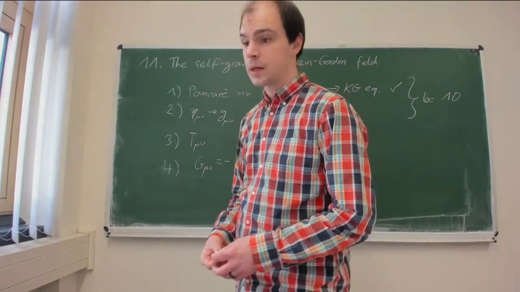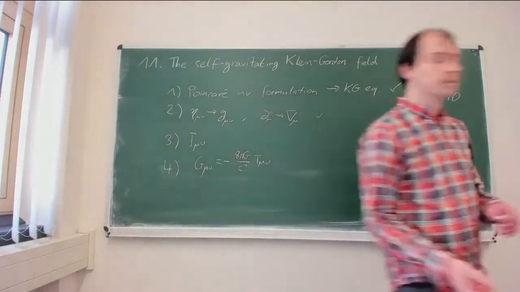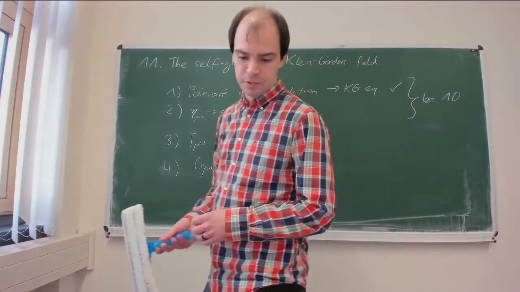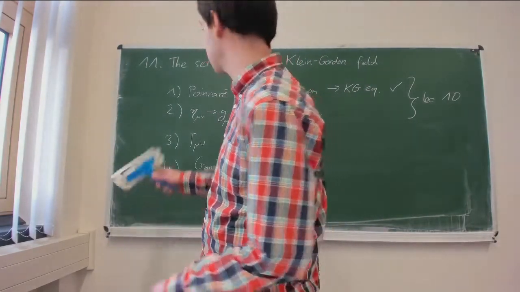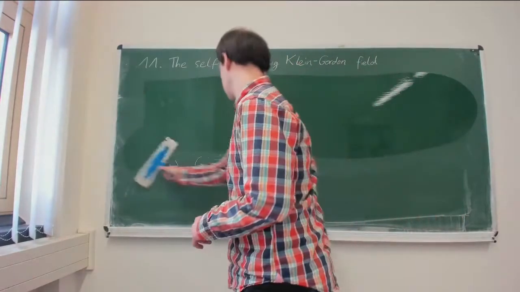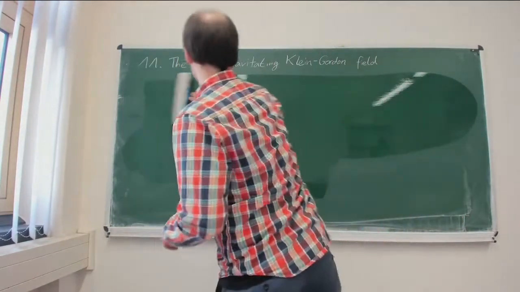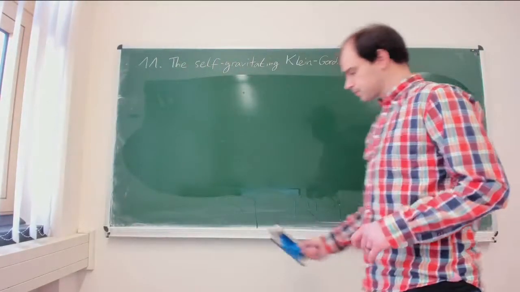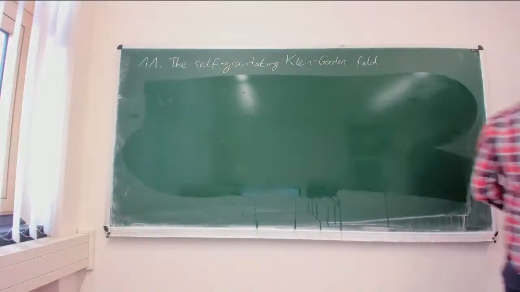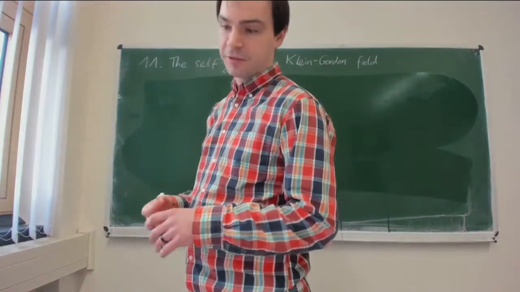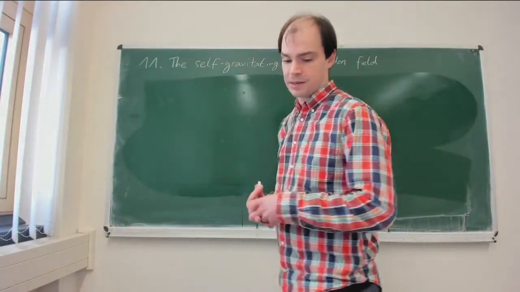So we make a similar approach as previously. As a first step, we do exactly what we did in the last lecture, except that for simplicity, we will now focus on a spherically symmetric spacetime.